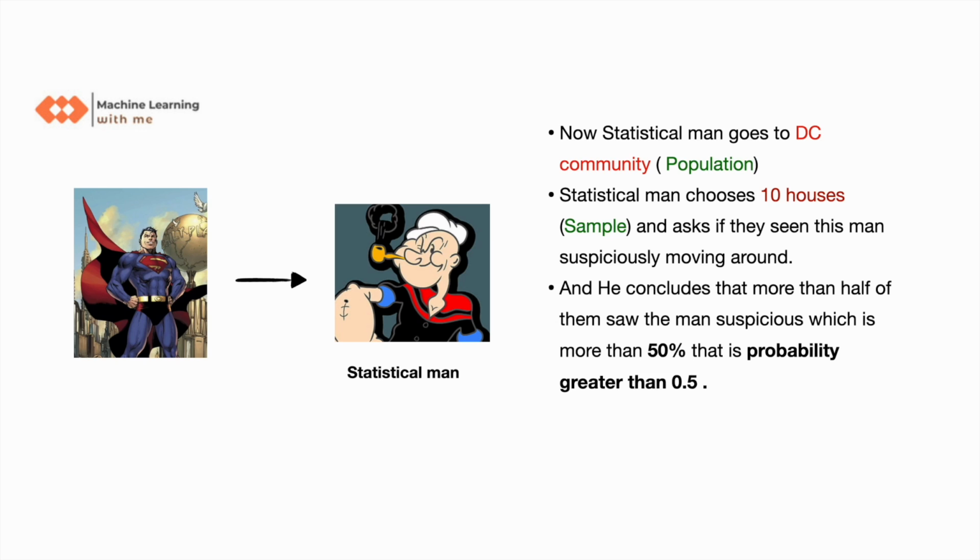Then Statistical Man randomly chooses 10 houses from the DC community, considers these 10 houses as the sample, and asks if they have seen this man moving suspiciously around. After a while, Statistical Man concludes that more than half of them claim that they saw this man moving suspiciously around. So the p-value is greater than 0.5.